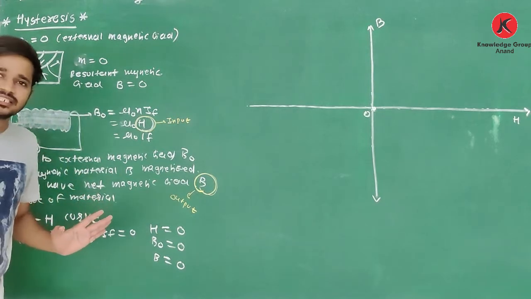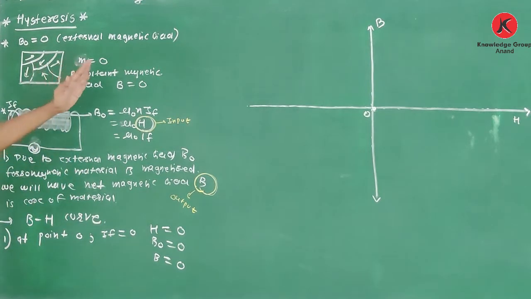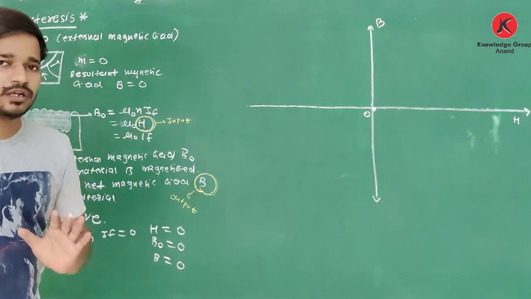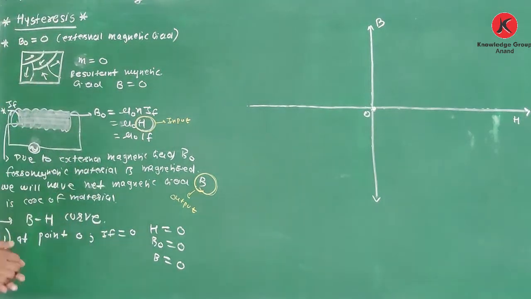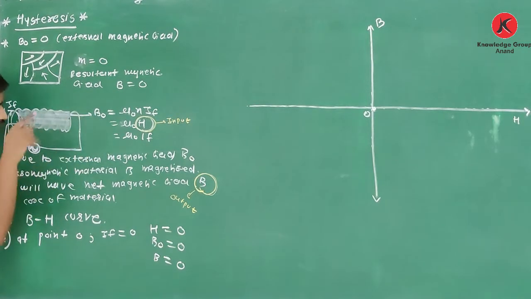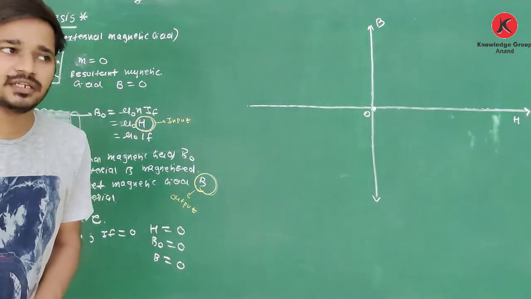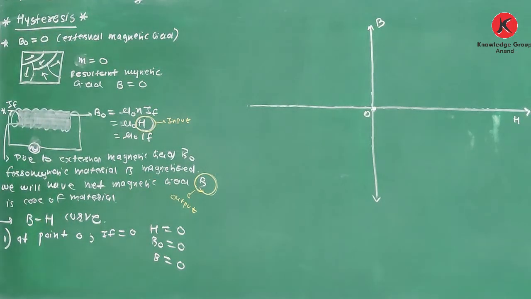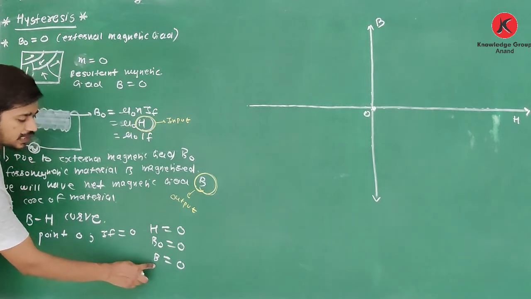The external magnetic field increases, so dipoles will try to align in the direction of the magnetic field. Yes or no? Due to this magnetic field, these dipoles in the ferromagnetic material will try to align in the direction of the magnetic field. Clear? So yes, the resultant magnetic field inside the magnet increases.